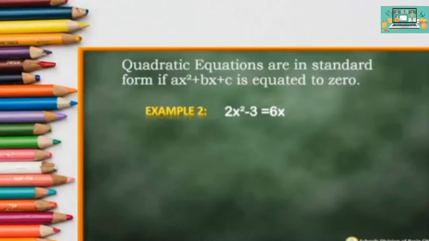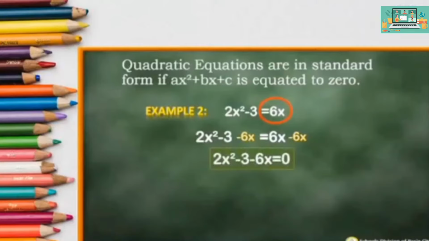In here, we need to make the right side of the equation equal to 0. Again, by addition property of equality, we add negative 6x on both sides of the equation, giving us 2x squared minus 3 minus 6x equals 0, which we still need to arrange into quadratic term, linear term, and constant term.